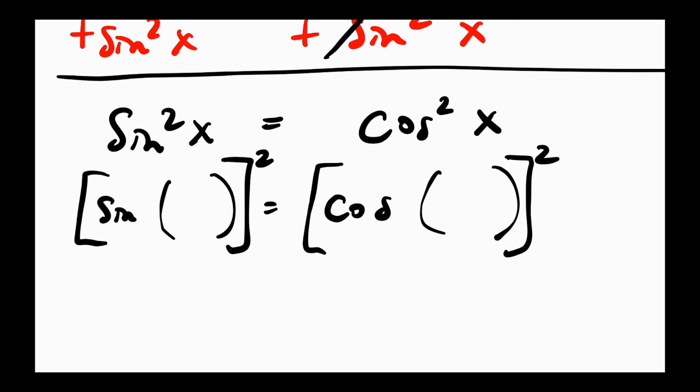So how do I do that? Pi over 4? Let's check it. Let's try pi over 4 here and pi over 4 here. So what is sine of pi over 4?